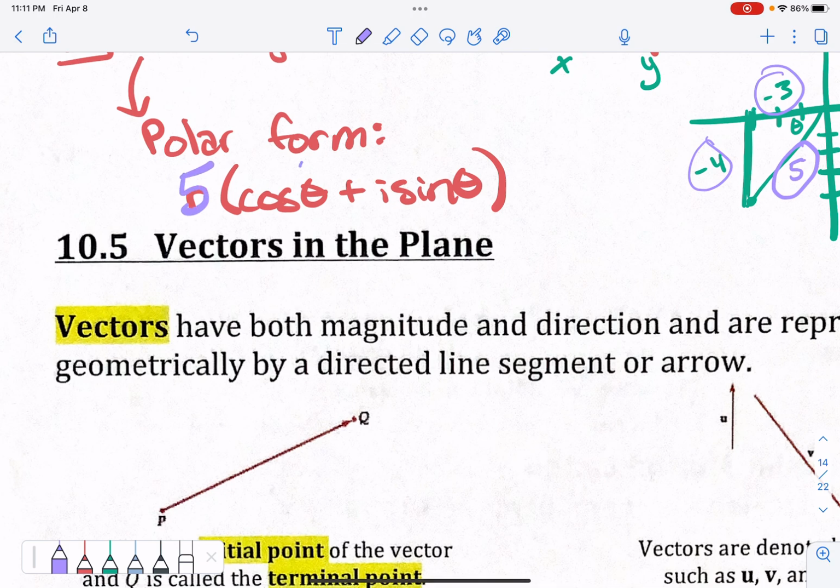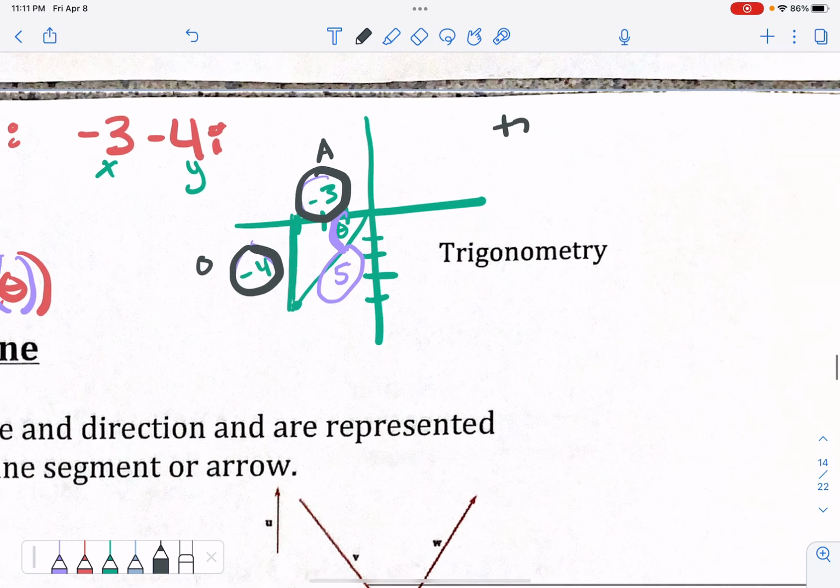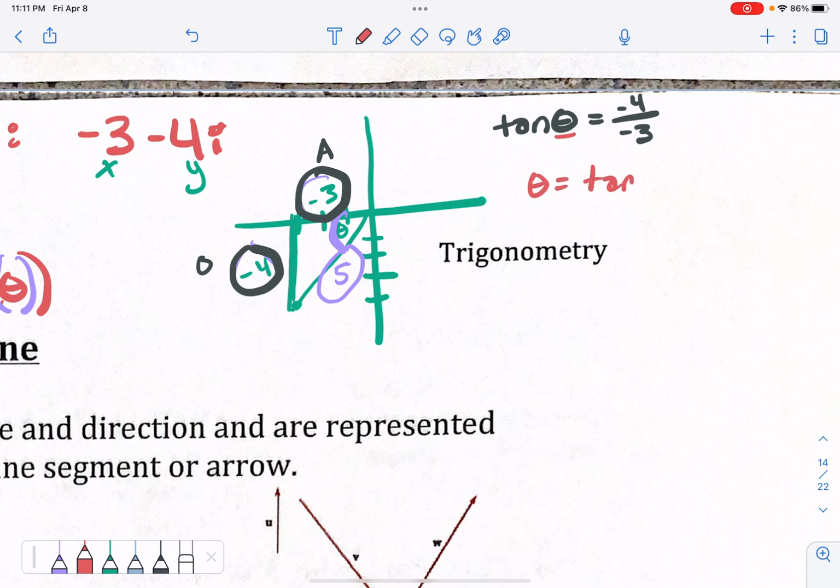And now all we have left to find is what our angle theta is, okay? And so we can look at this triangle, and angle theta is this angle here, and we're trying to find that. We can use sine, cosine, tangent, whichever one, but I usually just stick with what they gave me originally to start with. And -4 is the opposite, and -3 is the adjacent. So I'm going to do tangent of angle theta, and opposite over adjacent is -4 over -3, which means to solve for theta, we have to do the inverse tangent.